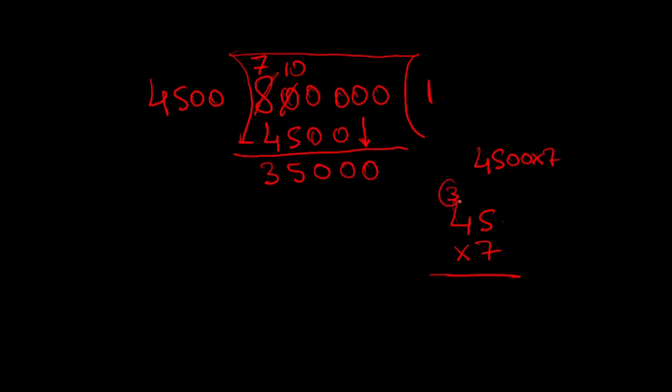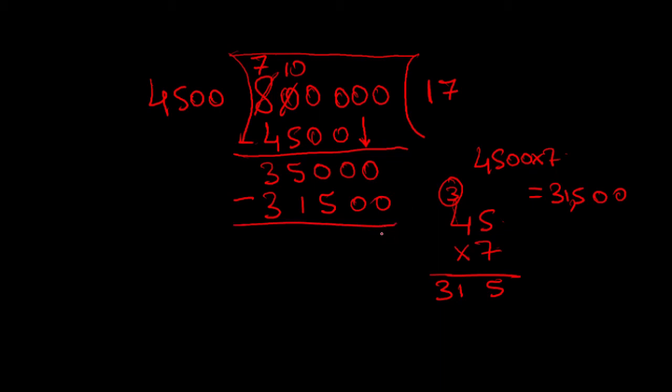So 3 carry over and 5 below. And 7 4s are 28 plus 3 is 31. So we will get 315. Now to 315 we should add 2 zeros which we ignored, which will give us 31,500. So 4,500 into 7 is 31,500.